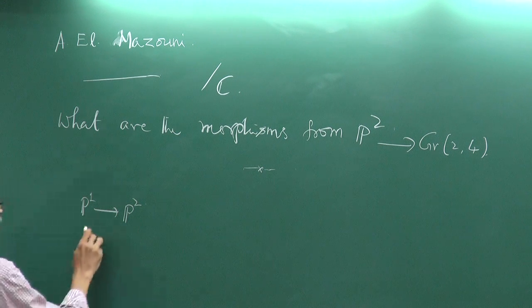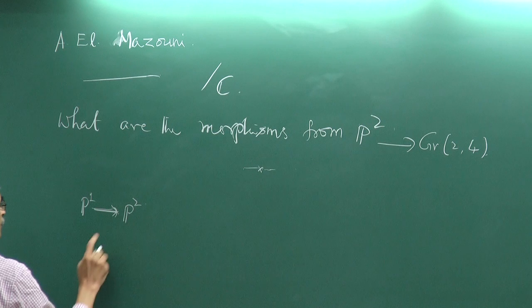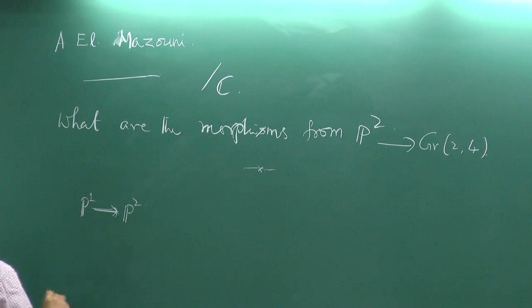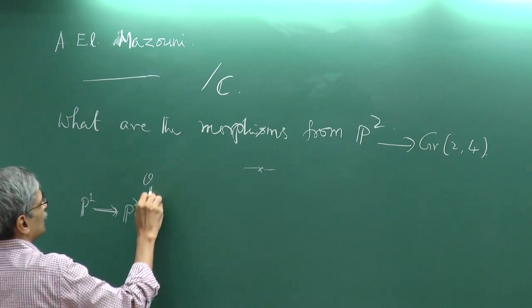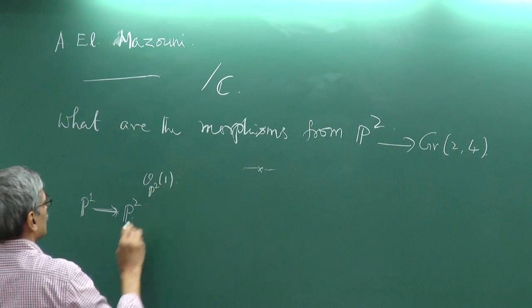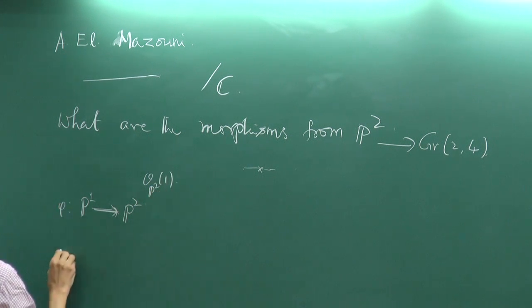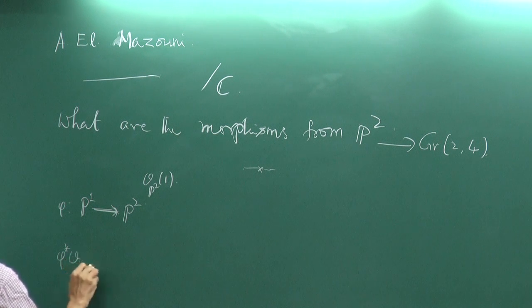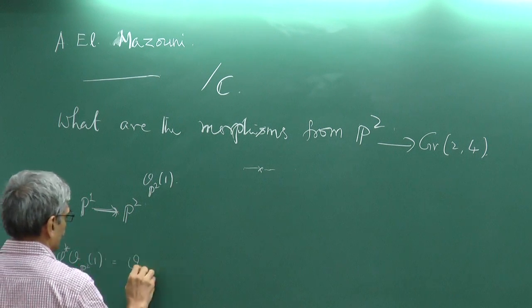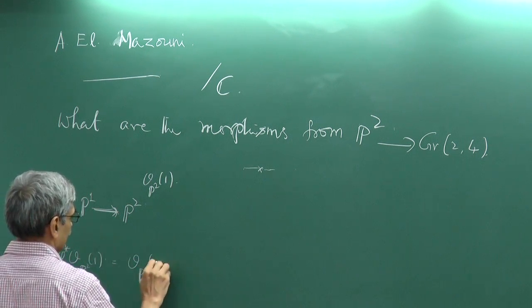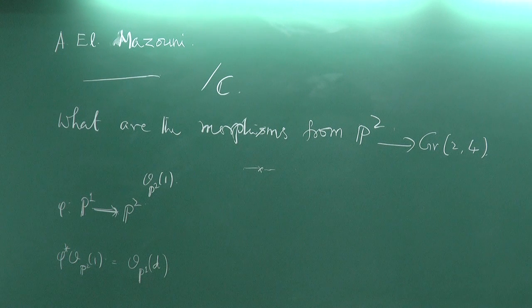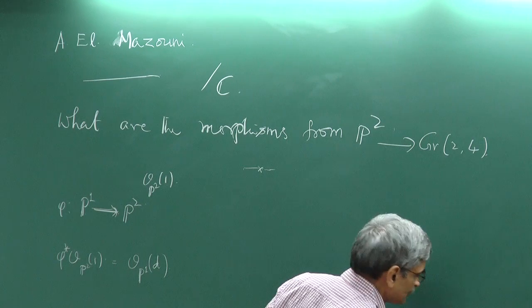If you have a non-constant morphism phi from P1 to P2, look at phi star of O_P2(1). This is a line bundle on P1, of some degree d.